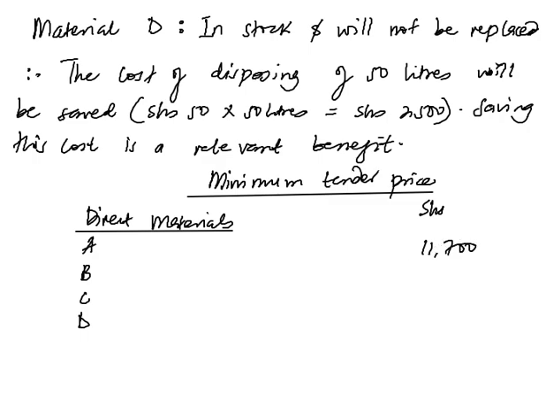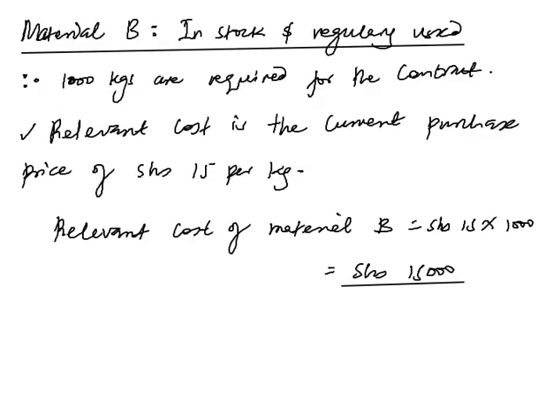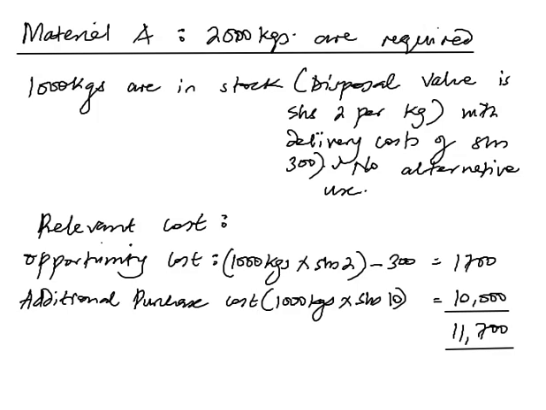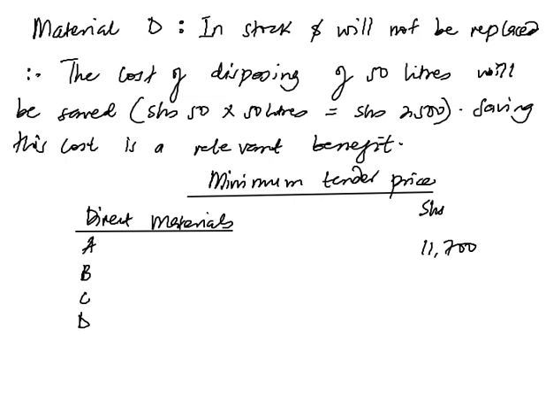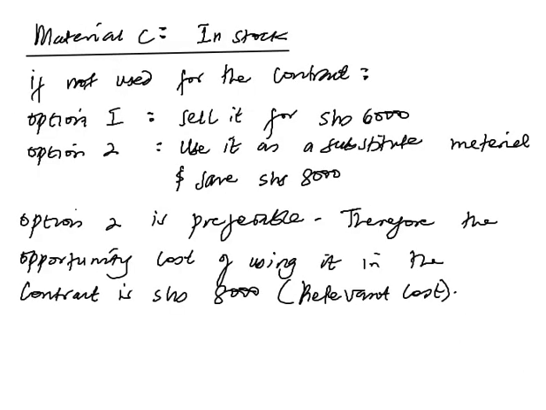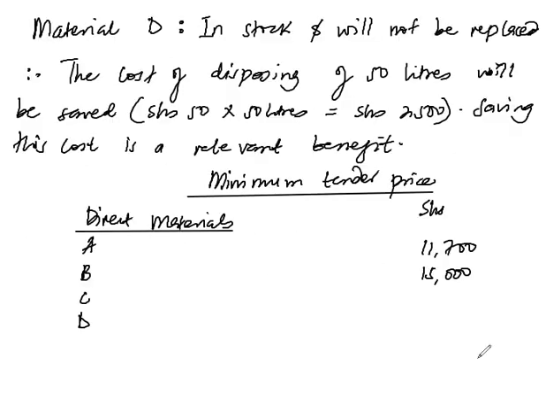Then material B, the relevant cost was 15,000. Then material C, the relevant cost is 8,000.